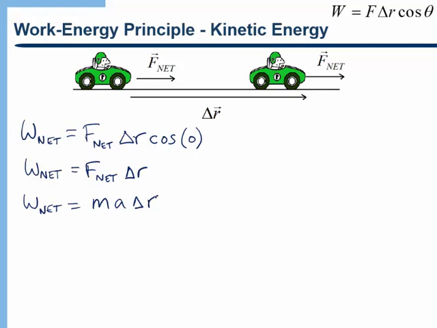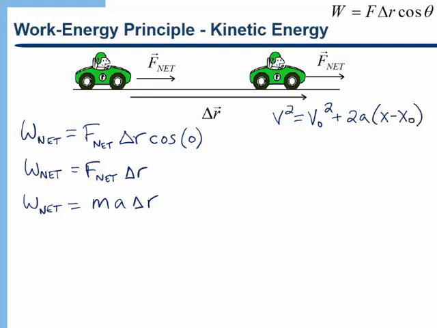At this point, I want to rewrite a in terms of velocity. That's because ultimately, if kinetic energy has to do with motion, it should be tied to an object's velocity. In order to do this, I'm going to use one of our kinematic equations. Remember, we know that v squared is equal to v naught squared plus 2a times (x minus x naught).